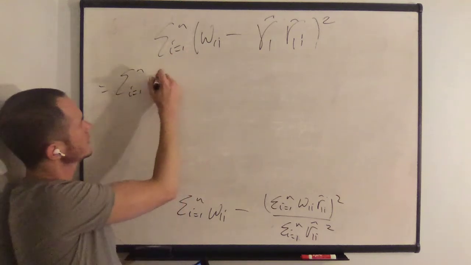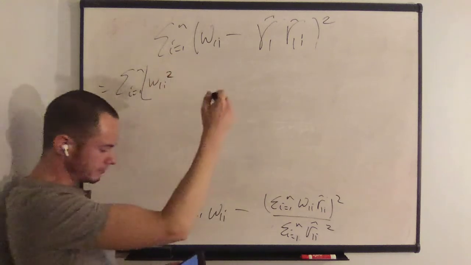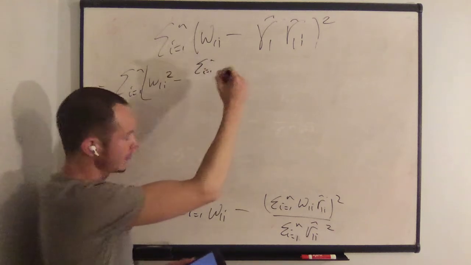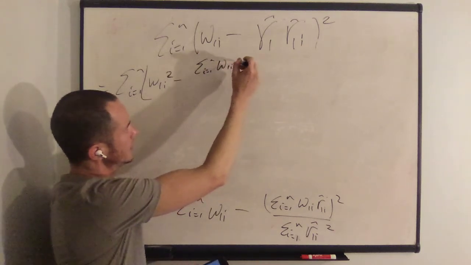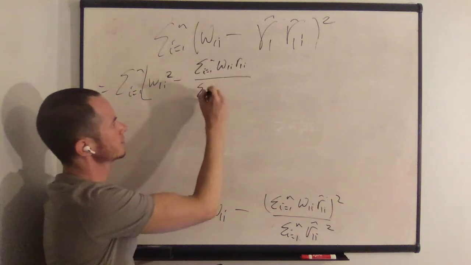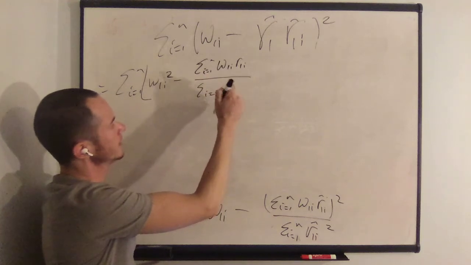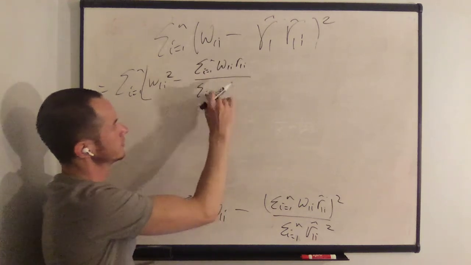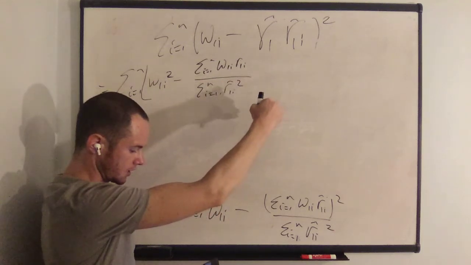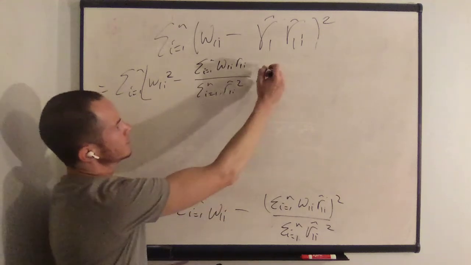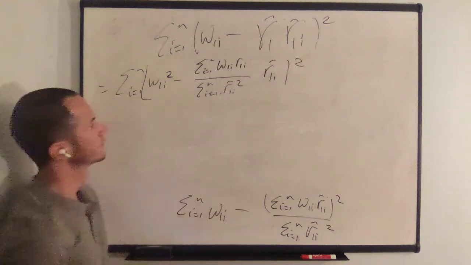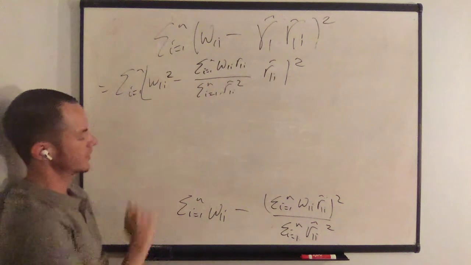This is w1i squared minus the sum from i equals 1 to n of w1i r1i hat all over the sum from i equals 1 to n of r1i hat squared, times r1i hat squared. We just plugged in the expression for gamma 1 hat.